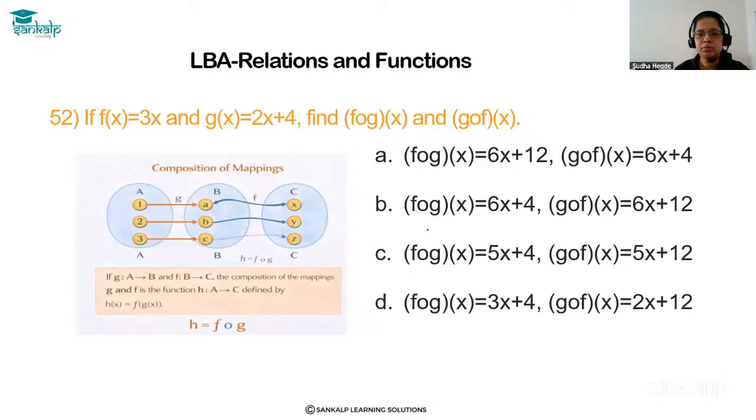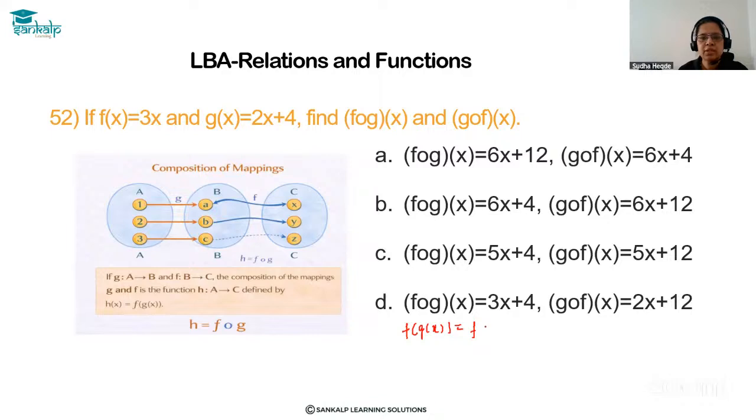So you need to find f composition g of x and g composition f of x, both. So f composition g of x is equal to f of g of x.